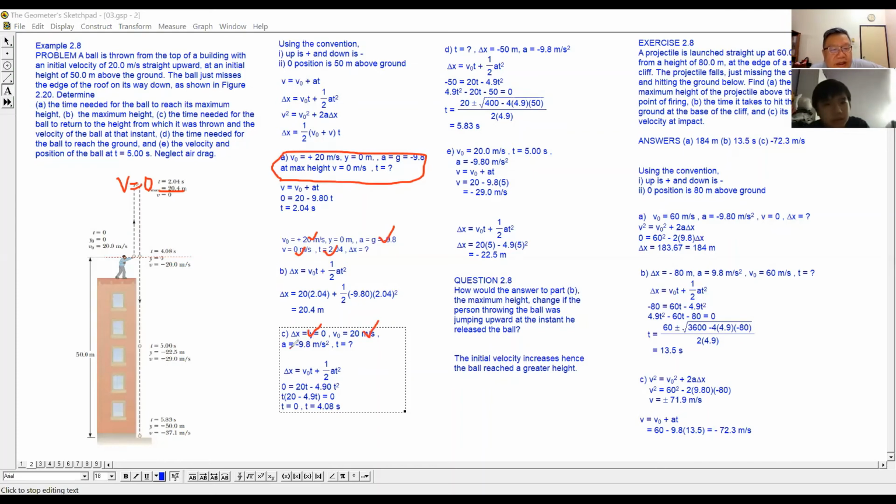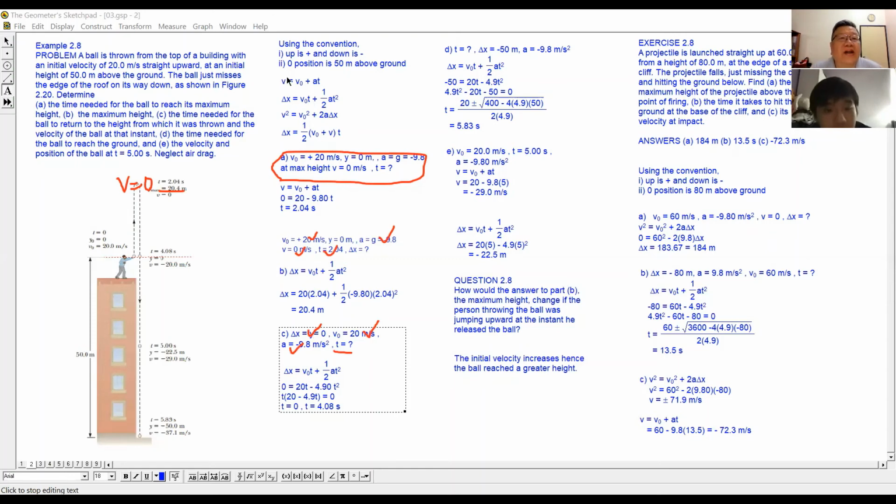Acceleration due to gravity is 9.8. Okay, so what is the time? This is what they want to find. Which equation you are going to use? Delta x, v naught, a, and t. Which equation has all these four physical quantities?